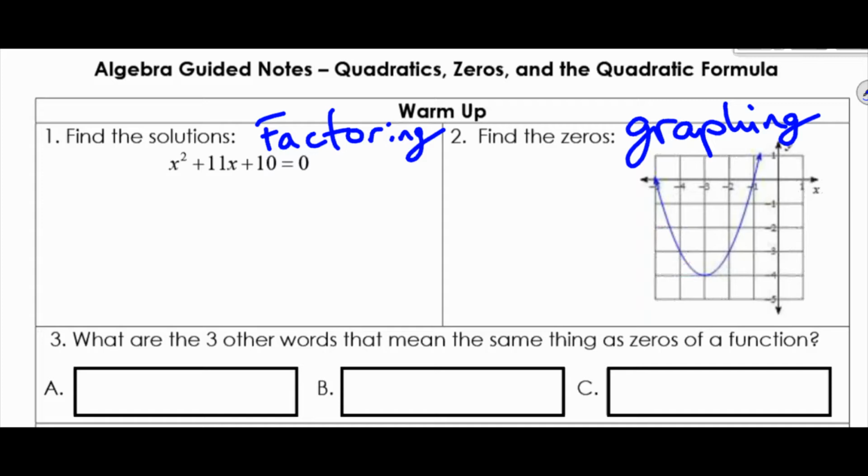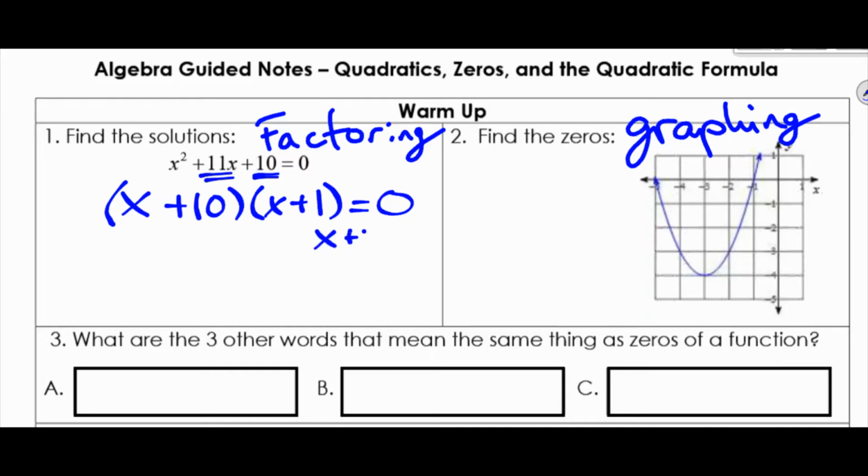So on number one, that is factorable. So I can jump straight to my factors. I know that 10 times 1 multiplies to be 10 and adds up to be 11. So I know that those are my two factors, x plus 10 and x plus 1. And then I want to think about what's going to make those two factors equal to 0.